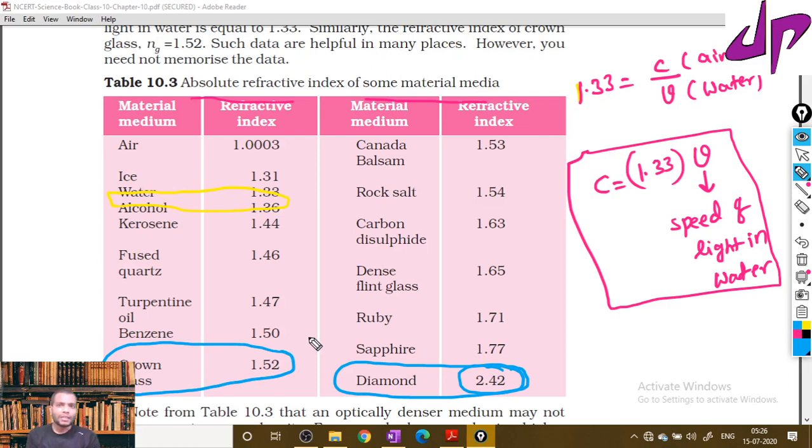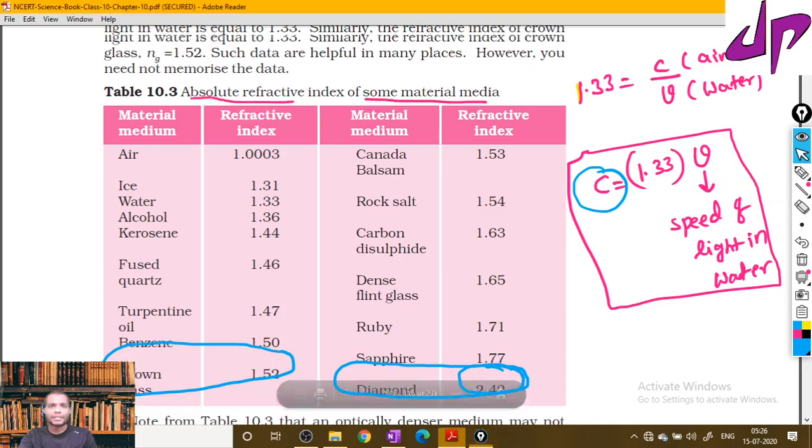What does it mean? It says that light travels 1.52 times slower in crown glass compared to vacuum. So how would we know that? If you know the speed of light in different mediums, then we can divide these two, and finally we can get these numbers. With the numbers we can understand it.